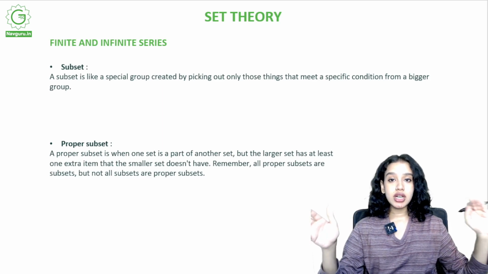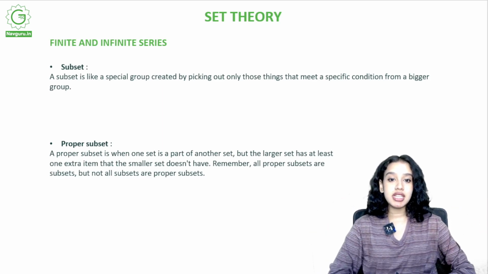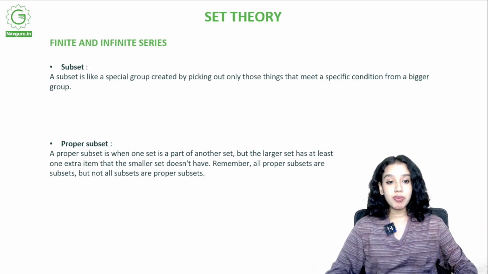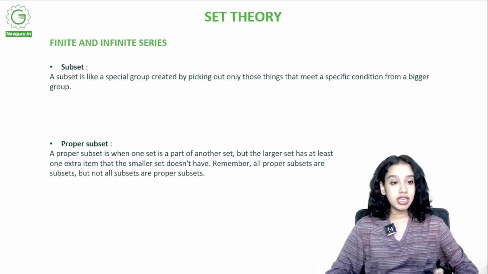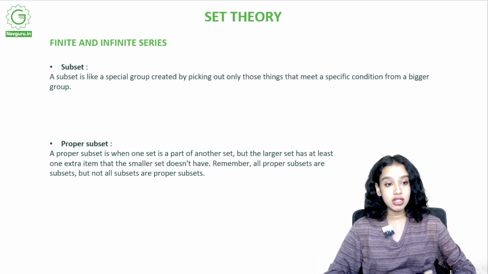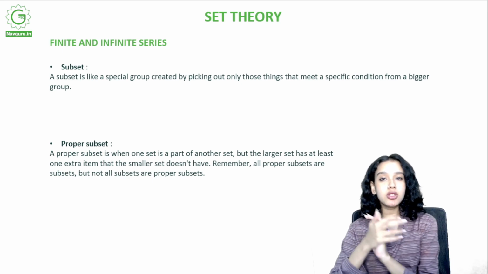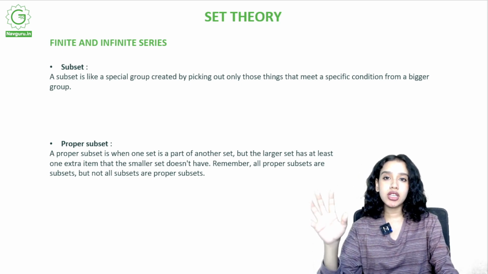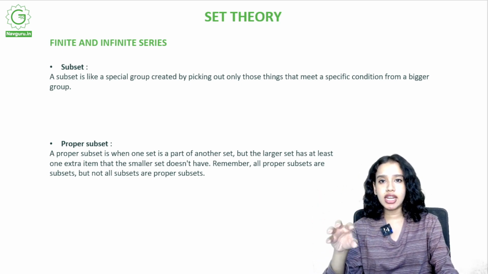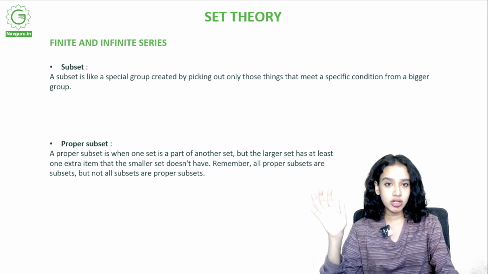Now let's move on to a subset. A subset is like a special group created by picking out only those things that meet a specific condition from a bigger group. So let's say I was talking about the set of people residing in a locality, the set of people residing in a home and all, right?